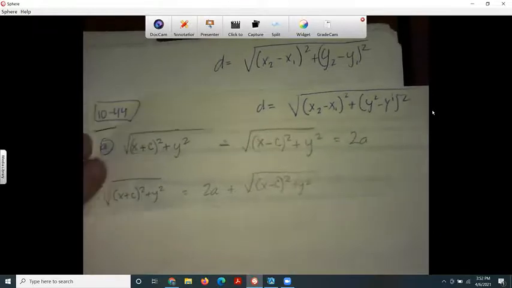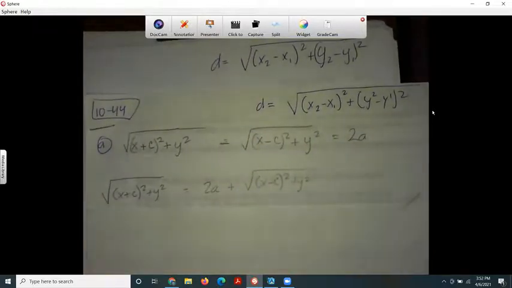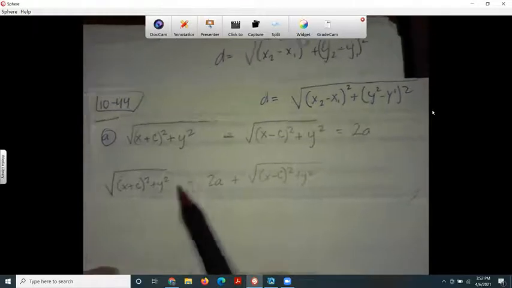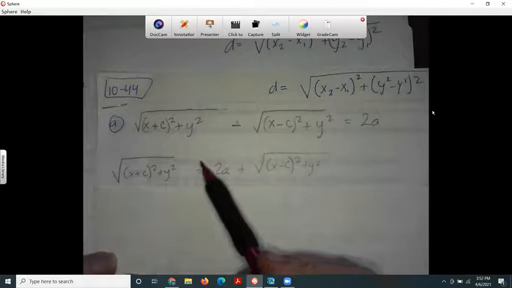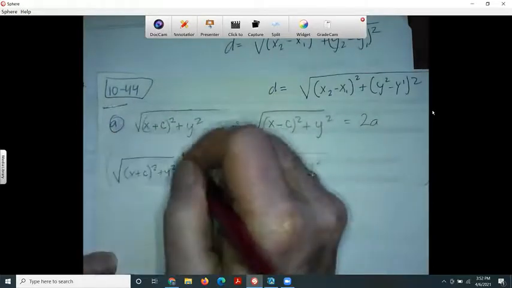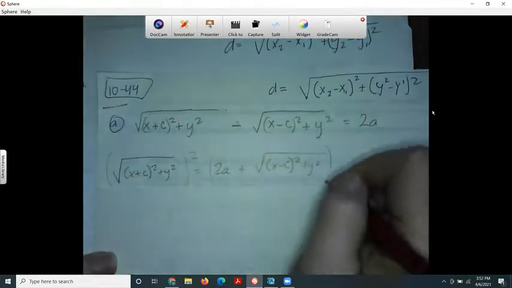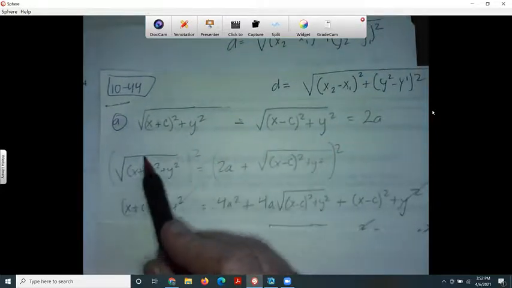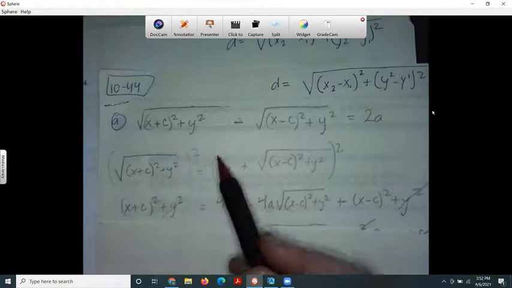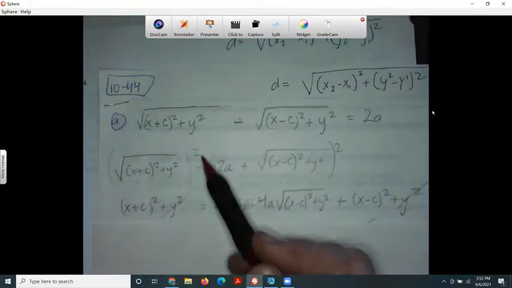So what you need to do first is get one of the radicals on one side of the equation all by itself so that you can square both sides. When I square this, the radical falls off, or it gets eliminated.